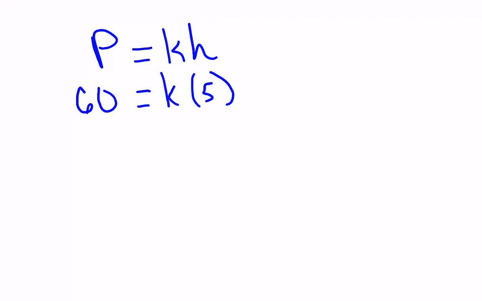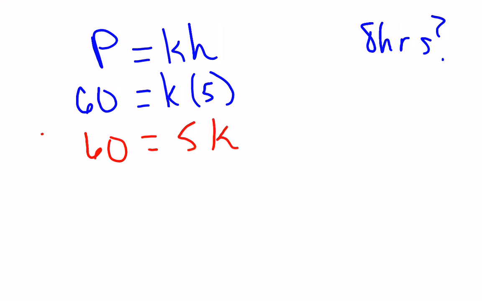And what they want us to find out is how much does Tomar make in 8 hours? That's our ultimate goal there. But in order to figure out the 8-hour one, I have to go with the clue they gave me. When he works 5 hours, he gets paid $60. So again, I have to find that constant of variation.